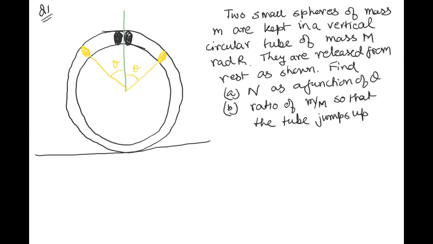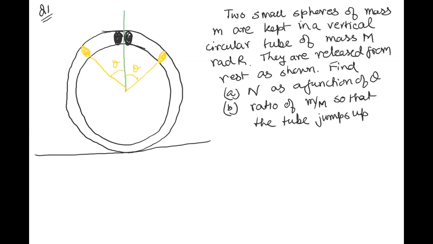Okay, so we have two small spheres of mass m. Small means that the thickness of the tube can be neglected. They are kept in a vertical circular tube of mass capital M and radius r. The tube's radius is also r, so the particles' circular motion will also have radius r.